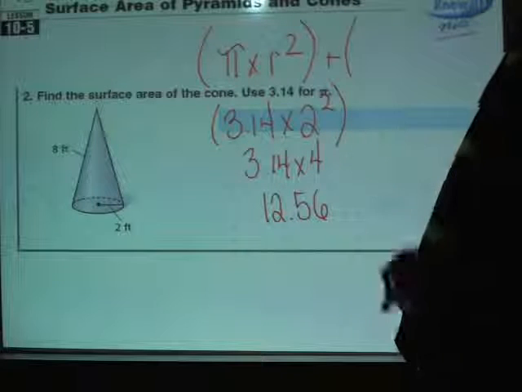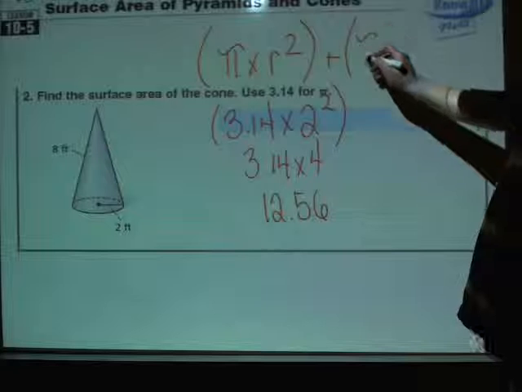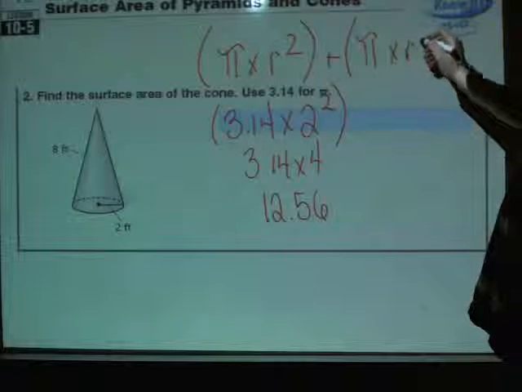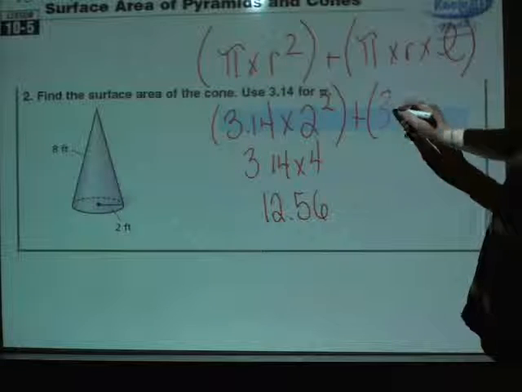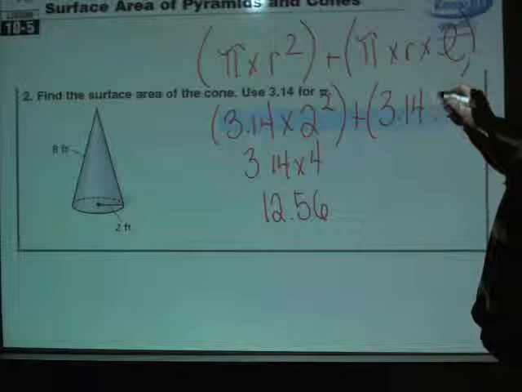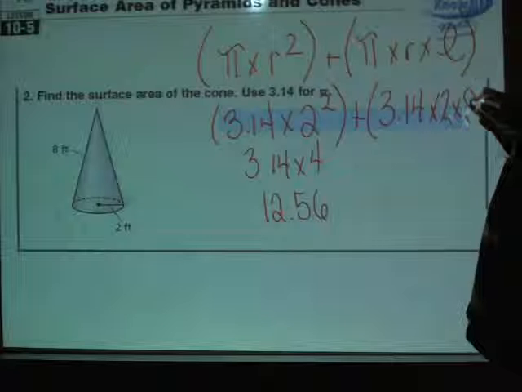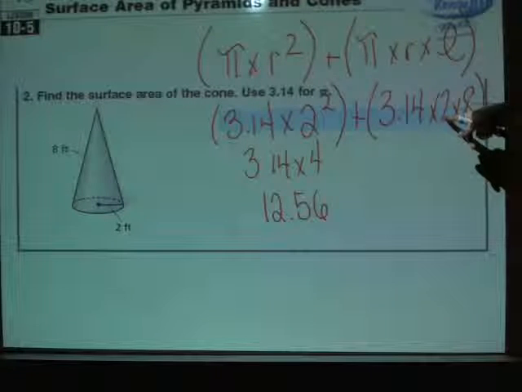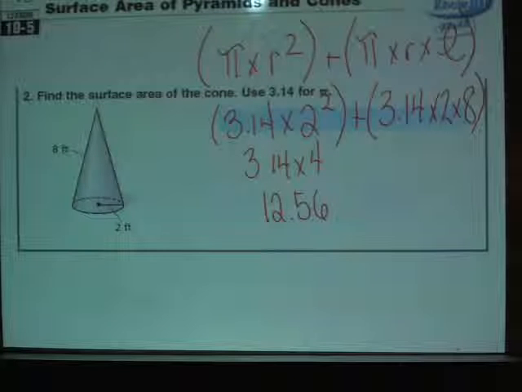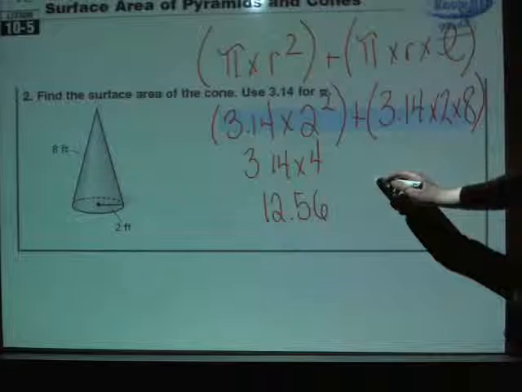Other side of the formula says take pi again, multiply that by the radius, and then we're going to multiply that by the slant height. So that's 3.14 times 2 again, times my slant height, which is 8. 3.14 times 2 is 6.28, and 6.28 times 8 changes into 50.24.